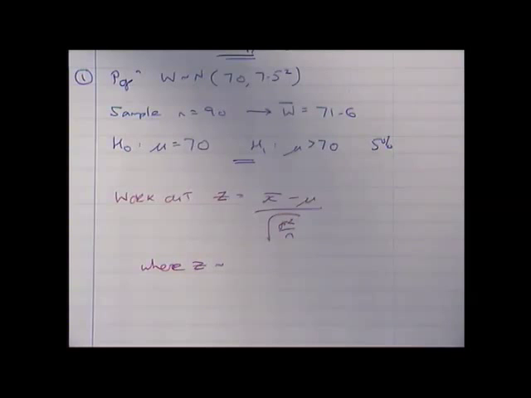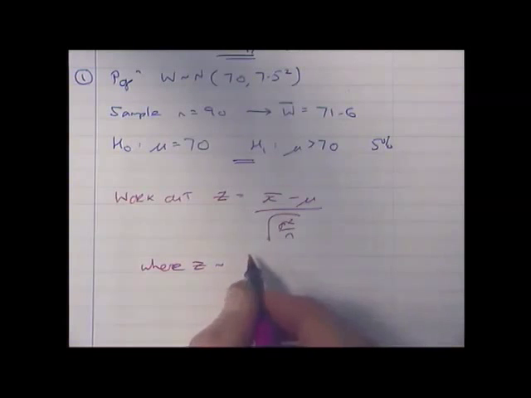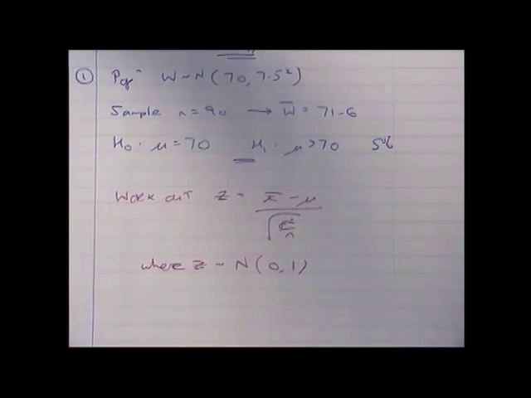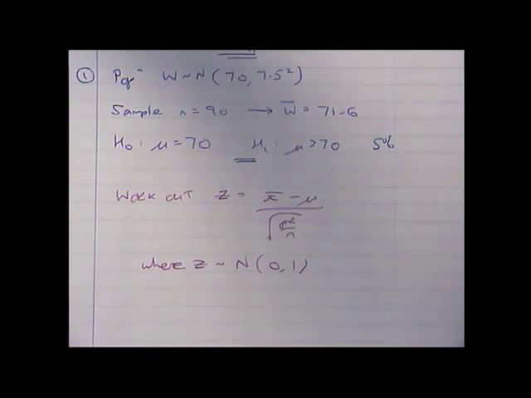Where will you find Zs? I can see something in front of me that contains lots of Zs. Formula book. Yeah, so basic Z is the normal distribution in the formula book, which has a mean of 0 and a standard deviation and variance of 1. That basically is what's in the formula book, that Z.